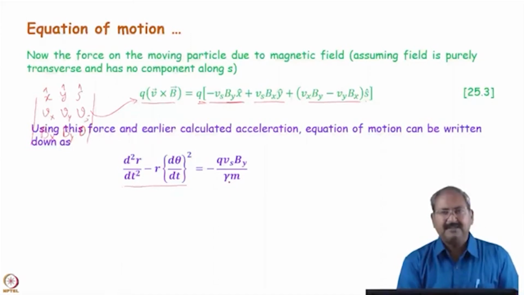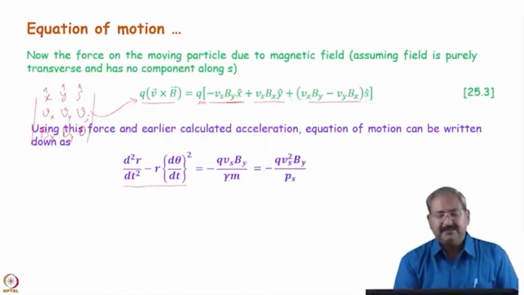Again we have inserted gamma due to the relativistic effect, and this is in the x direction, which is perpendicular to the velocity Vs, so we can insert gamma here directly. If we multiply the numerator and denominator by Vs, we get q Vs square By and gamma Vs, and gamma m Vs is the momentum Ps, which is written here.